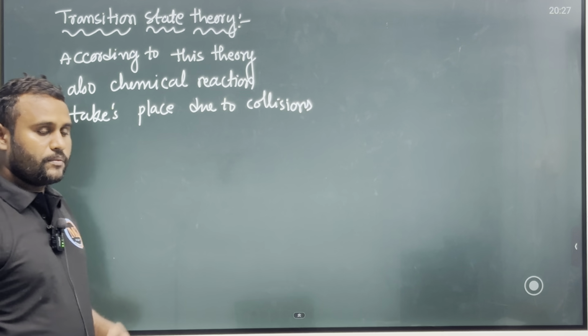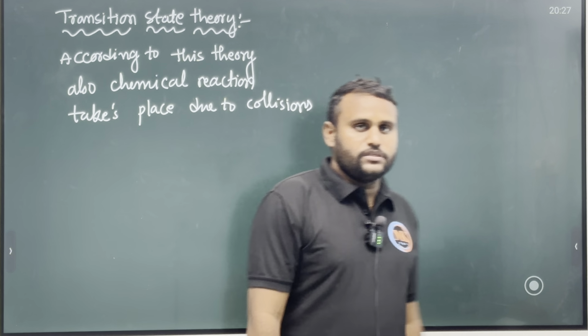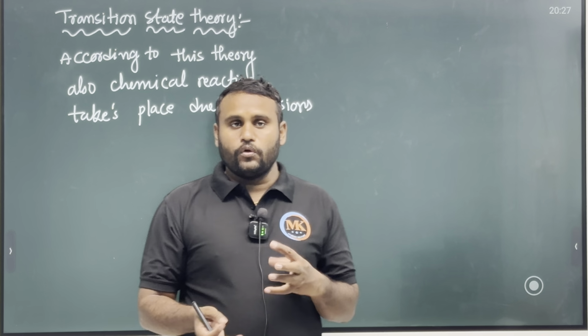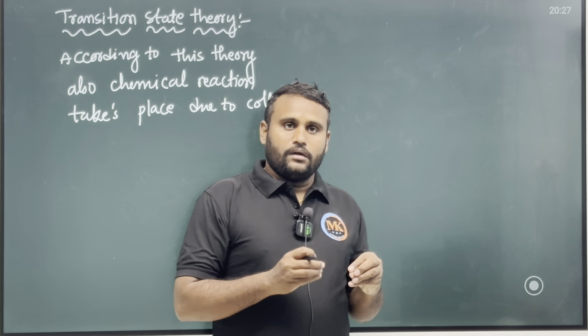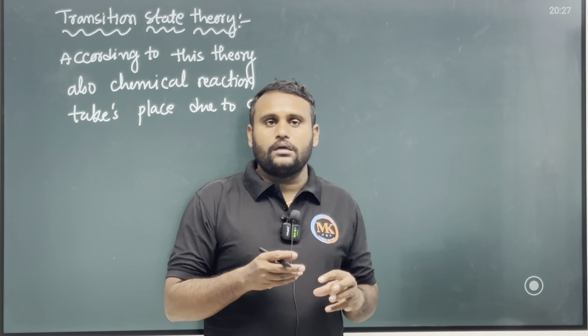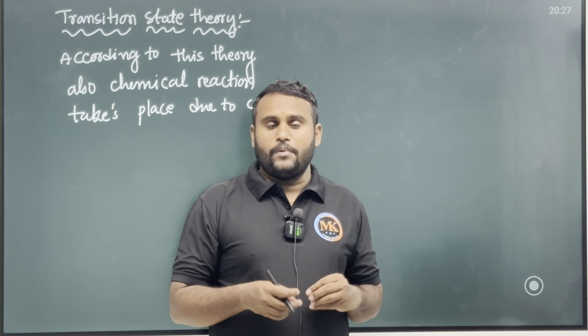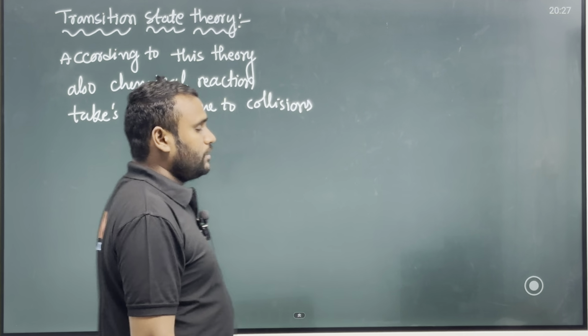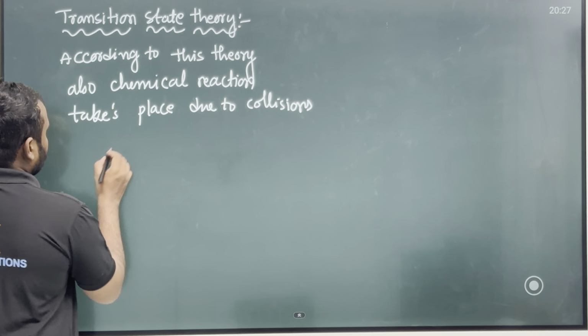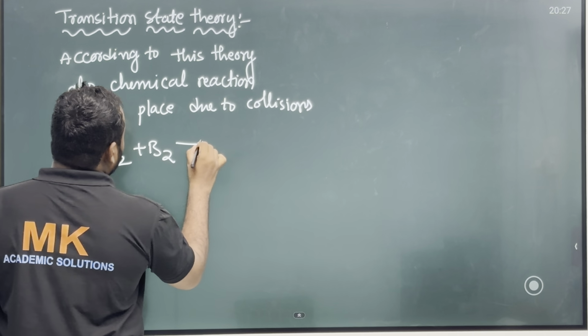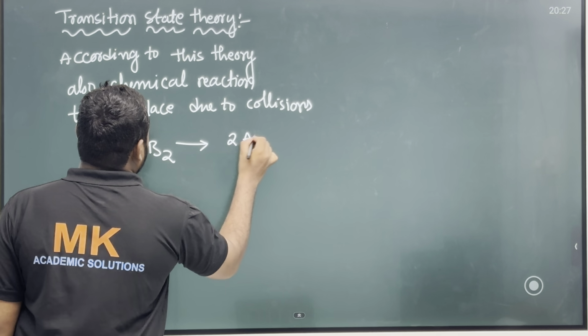And here is what makes it different from the collision theory: when the reactant molecules collide together, they produce a short-lived, very highly energetic molecular cluster, that is known as the transition state. For example, here A2 plus B2 are reacting together to produce 2AB.